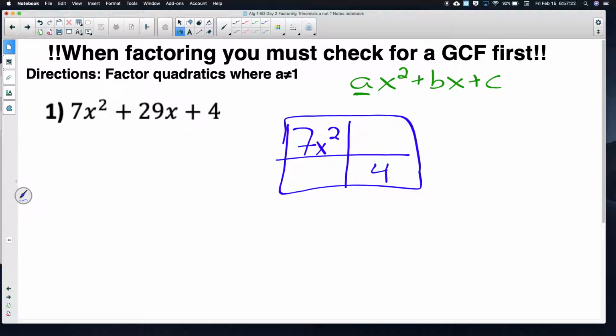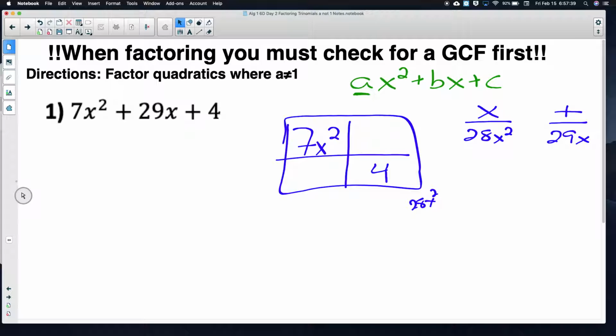Even though my A value is not 1, I can still use this box because I'm going to find two numbers that multiply to give me 28x squared and add to give me that middle term of 29x.